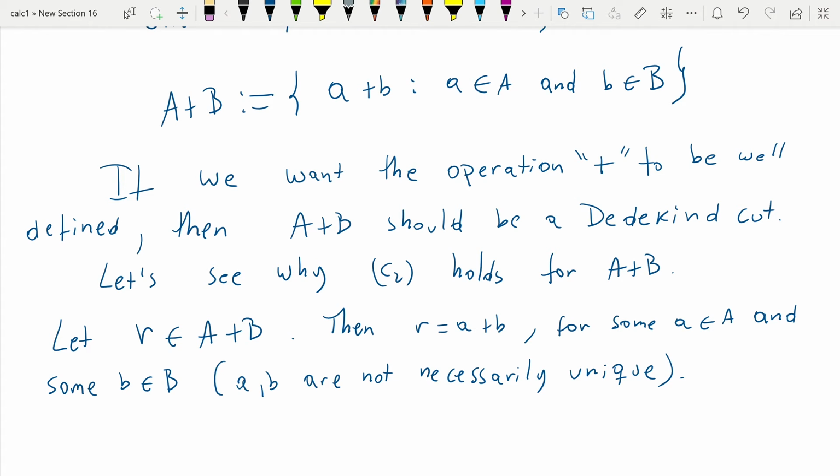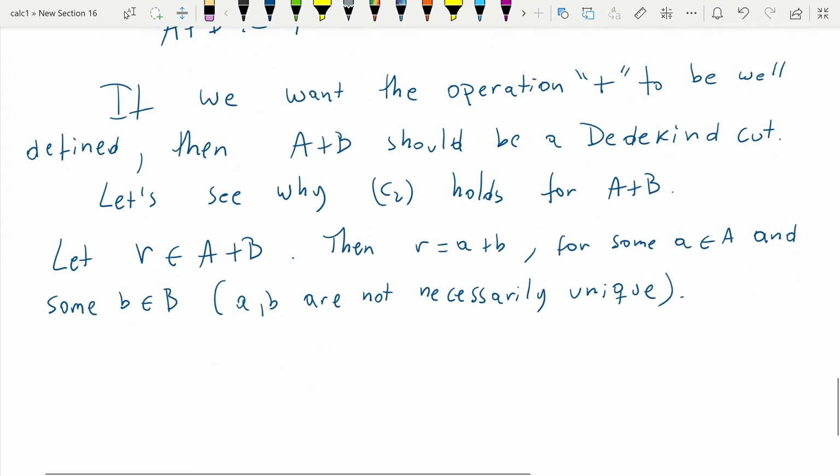Okay, so by definition of this set A plus B, r must be obtained from adding one element in one set and one element in the other. But it doesn't mean that a and b are unique. You can obtain r as the sum of many different numbers.